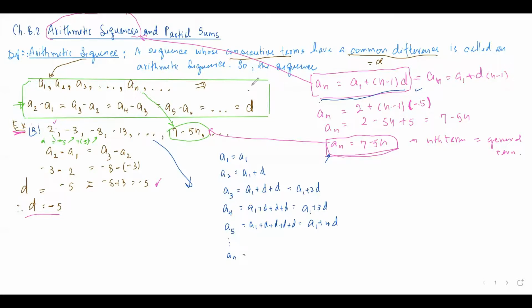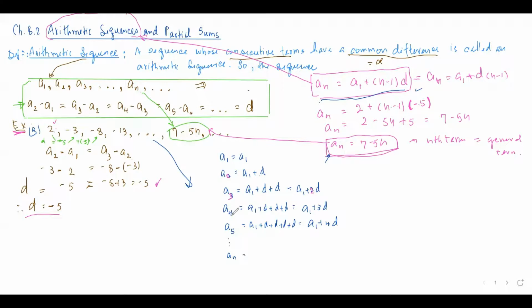So now I want you to observe this one. A2 here has 1D. So this is a 2, this is a 1, it's 1 less. And A3 has 2D, still A1 plus. So this 3 has 2D.